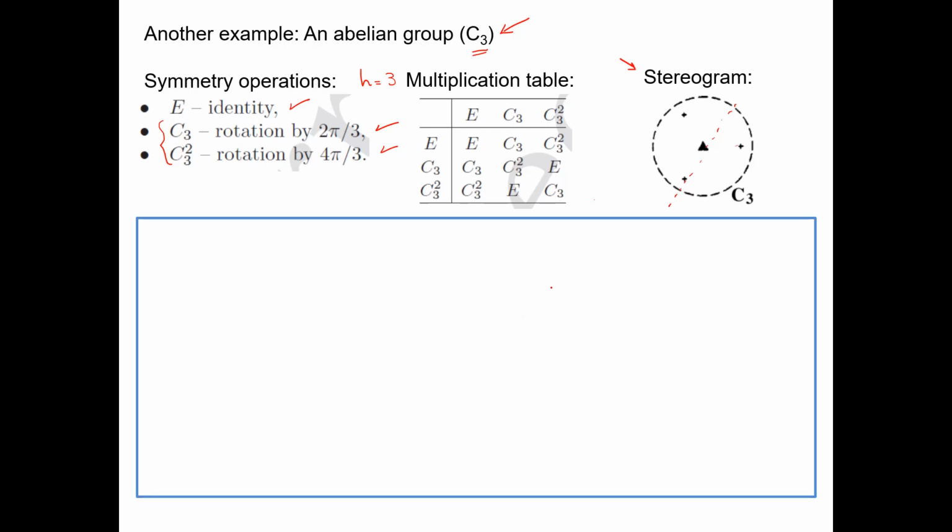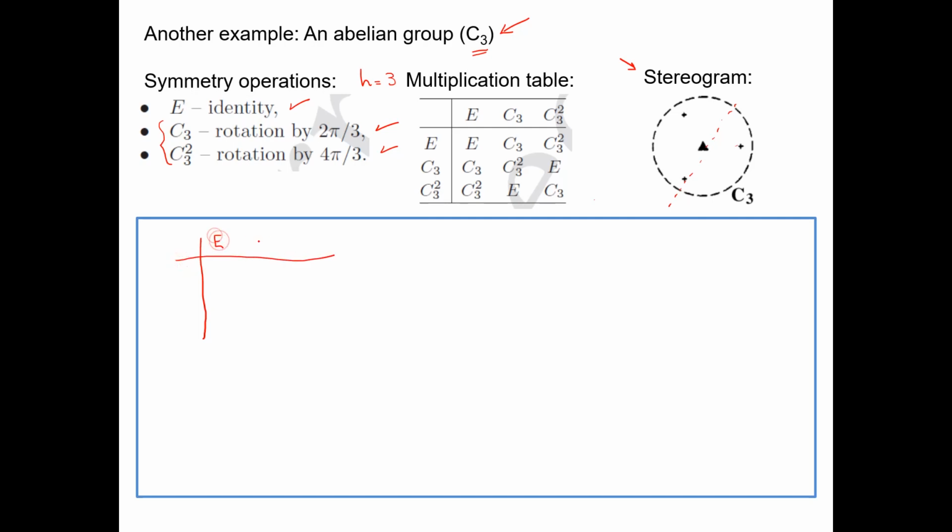So let's try to work out the character table for this group, for group C3. Let's use again the properties that we described before. First of all, we have 3 classes, because it's an abelian group with 3 elements, so every element is in a class by itself.